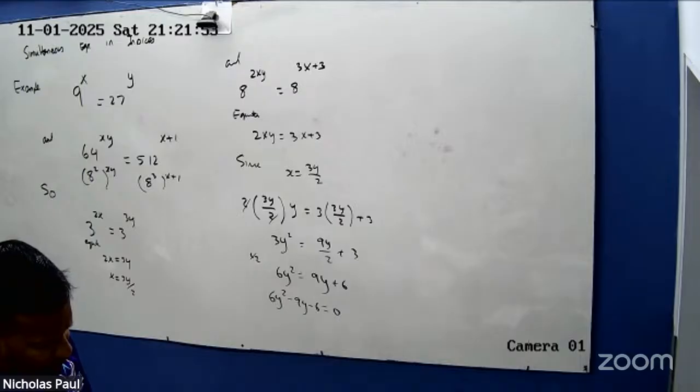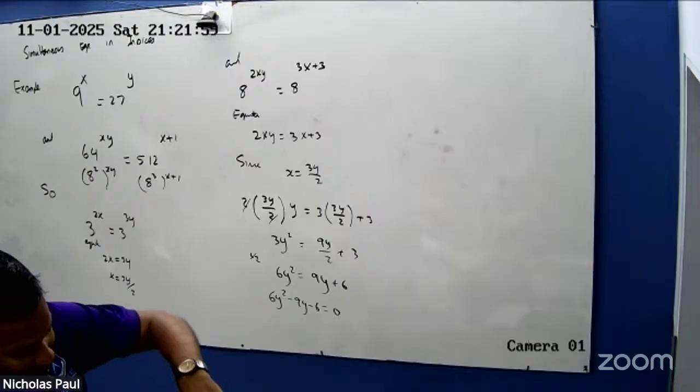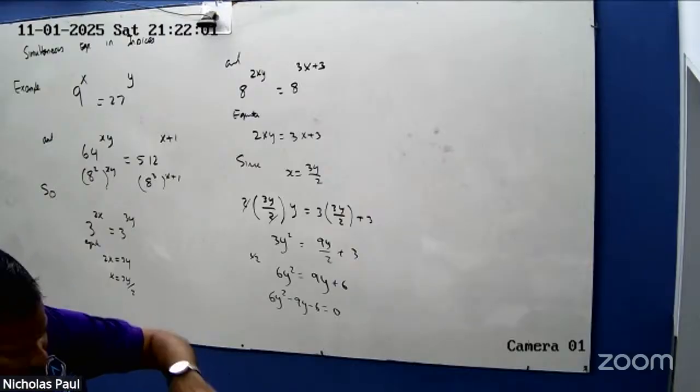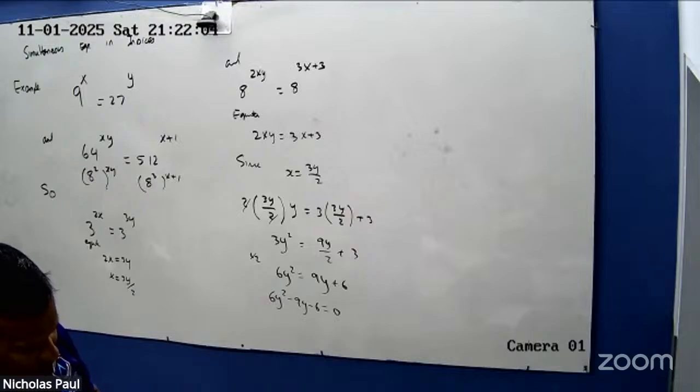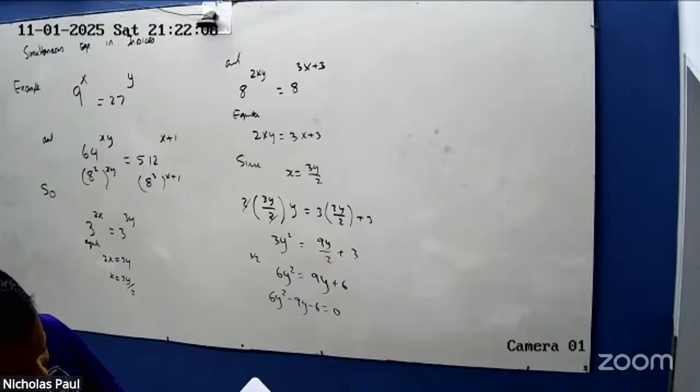Wait, where do you get this 3 and 2 from? Yeah, wait, but x is 3y on 2. So if you make a substitution, you will have the 3 and 1. So you're substituting into this equation. You can't put it back into the original. You just have to go into the equation. Okay?